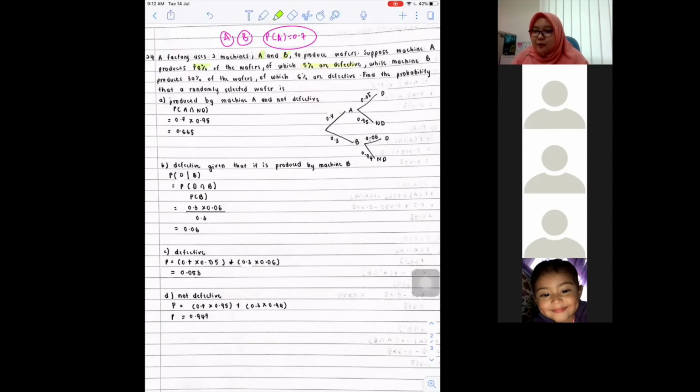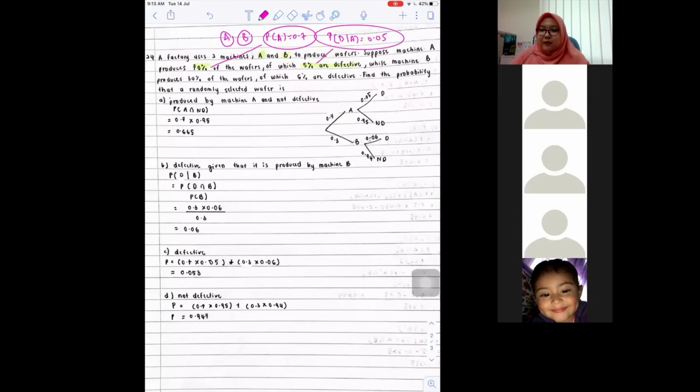From machine A, 5% are defective, meaning the probability of defective given it is from machine A is 0.05. That is the way to look at the question.